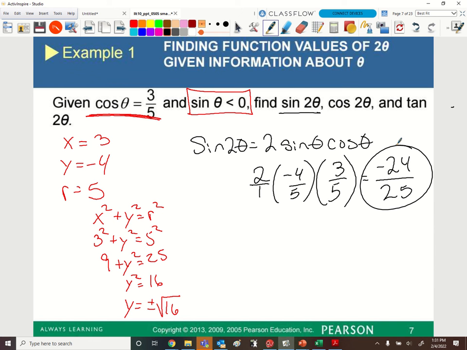And that's going to be part of example 2 that I'm going to come to in a moment, okay? So the next thing that we're doing is going to be this one. So cosine 2 theta. Because we're finding all 3 of these. Oh. Yeah, that was the answer. But wait, there's more. Now, there's 3 different formulas I could use, right? 3 different double angles for cosine.